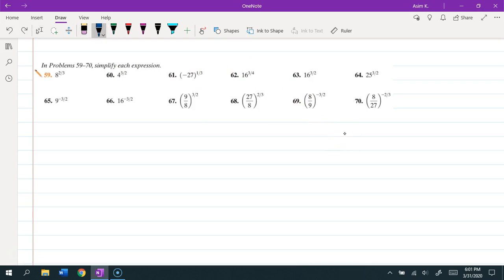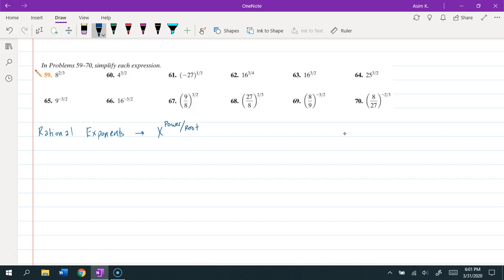So let me give you guys first a little bit of background. First off, these are called rational exponents. To work with rational exponents, here's what you do. You'll have a variable, let's call it x, and it'll be to the exponent that you can think of this way: power over root.